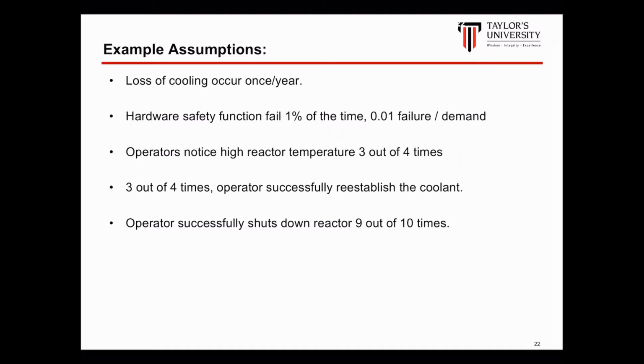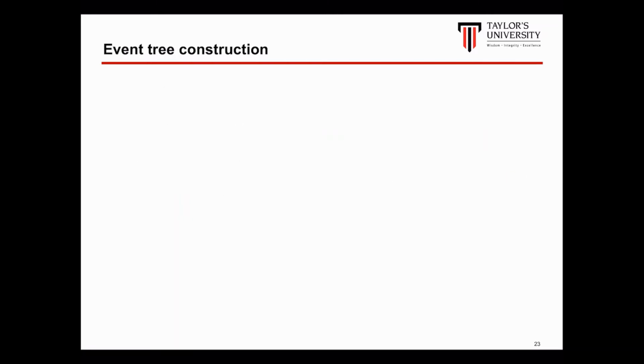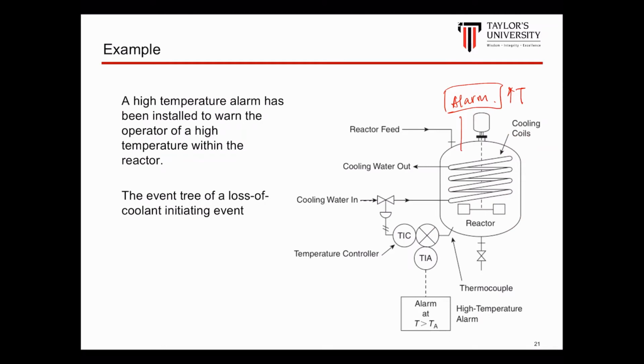Out of these 3 of 4 times, they manage to re-establish the coolant, meaning they can restart. This is what we call the restart. And then operators successfully shut down the reactor 9 out of 10 times. Okay, so we want to construct an event tree from this system.